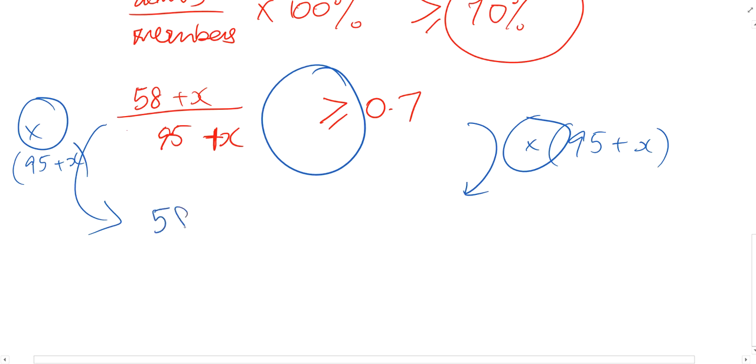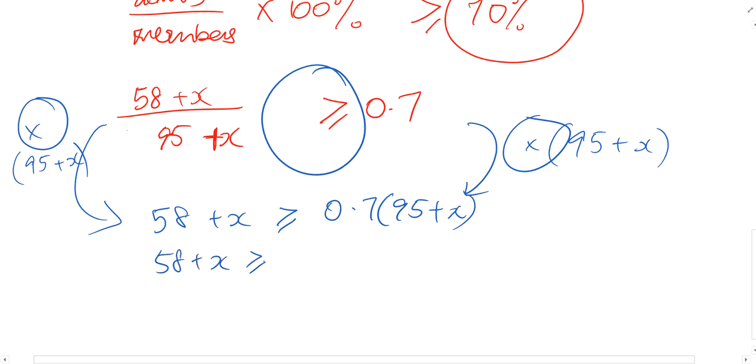So 58 plus x is greater than or equal to 0.7 multiplied by 95 plus x. Expand. 58 plus x greater than or equal to 0.7 times 95. How much is that? 66.5, then plus 0.7x.